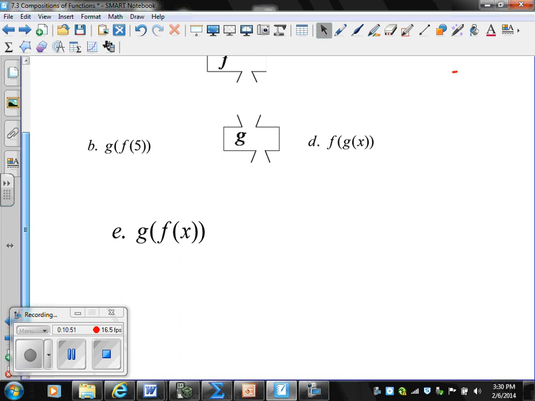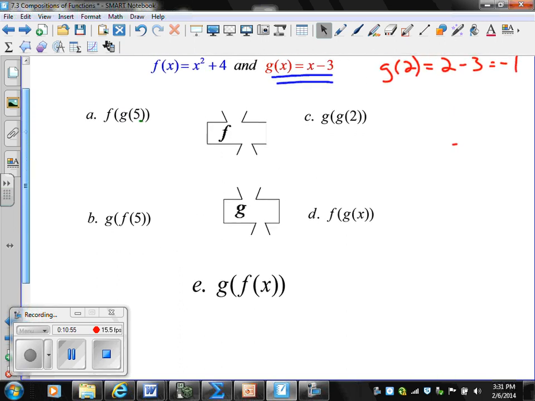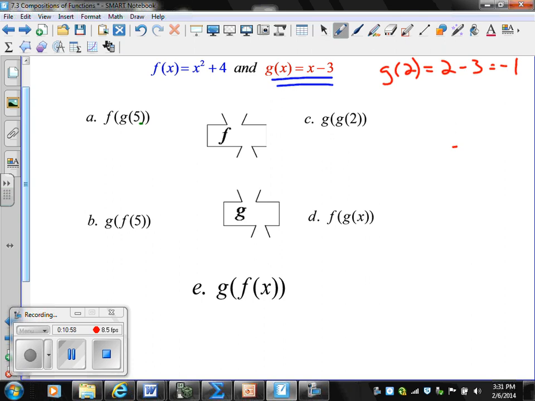And I just need to see what my functions are up top. So this says, take my function f of x and put that into g. So g says, take my input and then minus 3. Well, my input is all of f, right? All of f is going into g. So here's f up here, x squared plus 4.